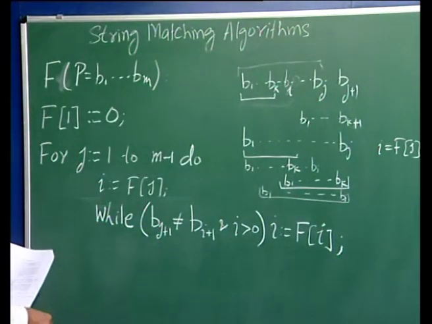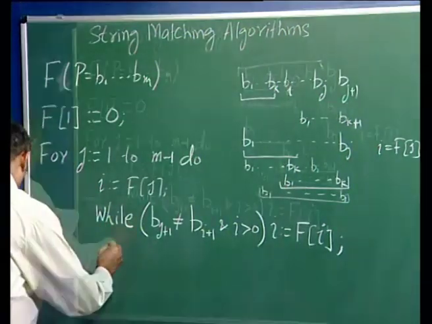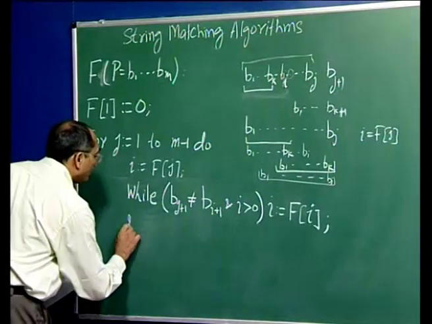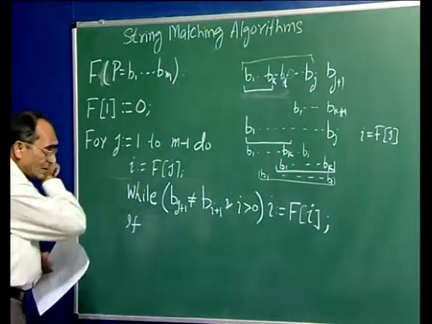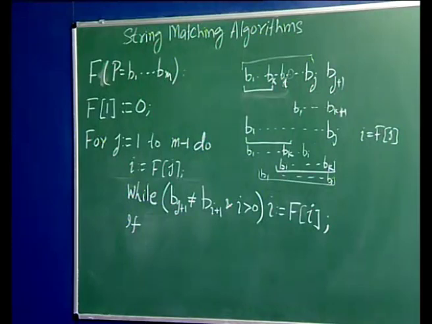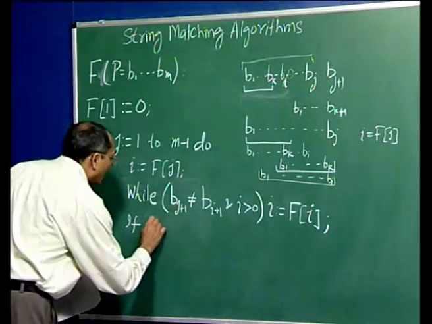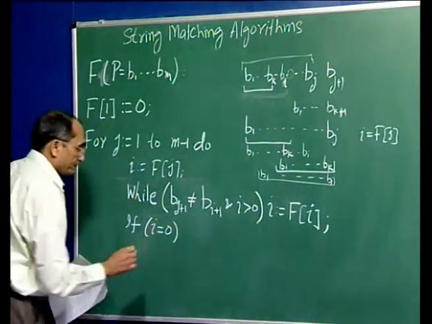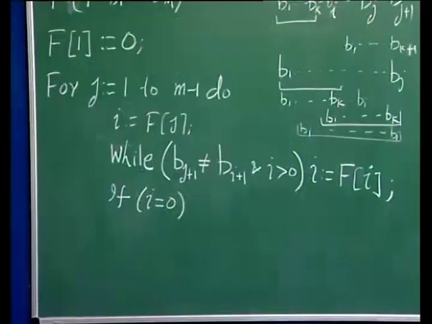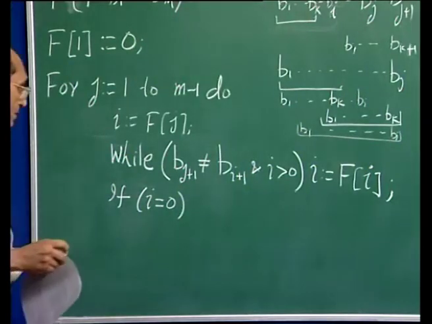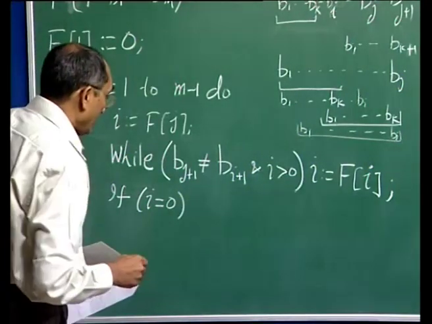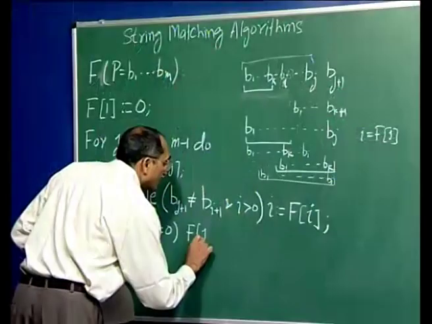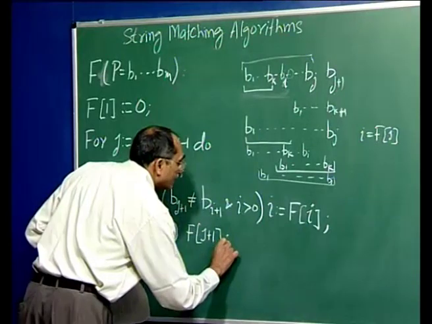So, we will then check a condition: if I is 0, then obviously we have not found any string, which would mean f of j+1 is 0.